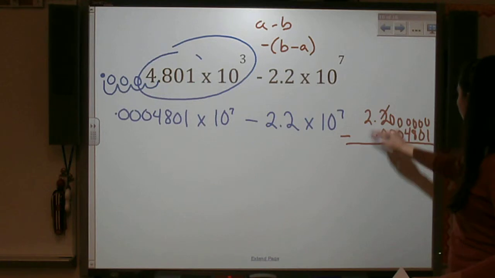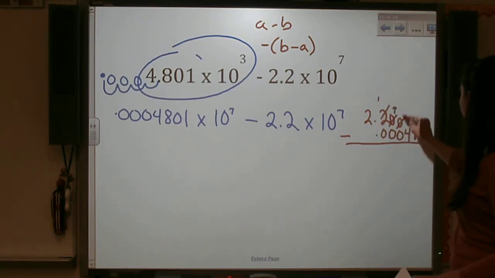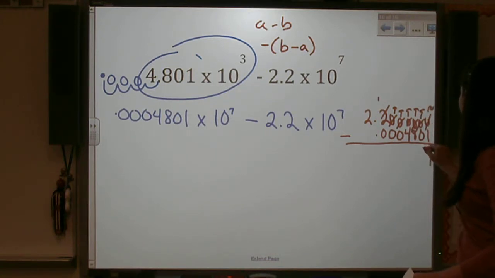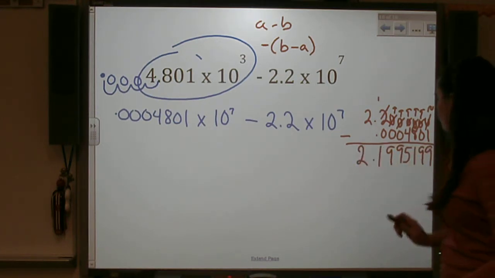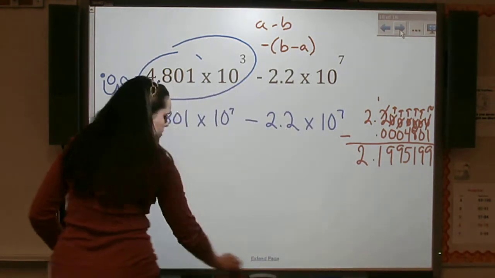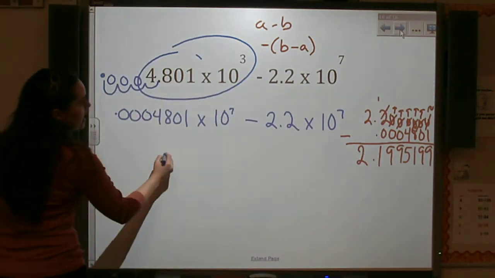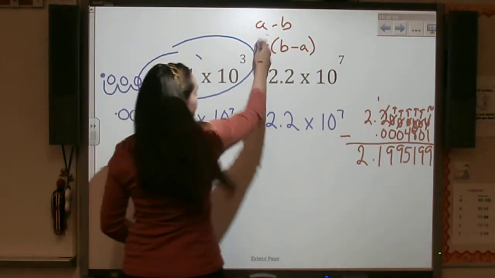Okay, so I need to come all the way over here and borrow, which makes us 9, 9, 9, 9, 9, and 10. And then we have 9, 9, 1, 5, 9, 9, 1, 2. Okay? So now I have 2, and sorry, it needs to be negative.